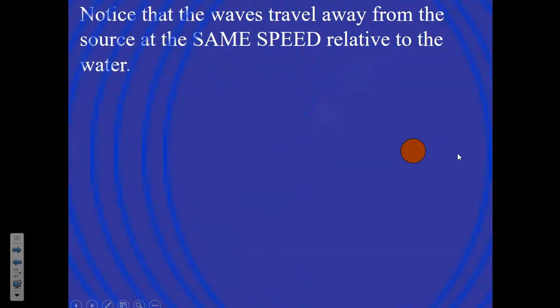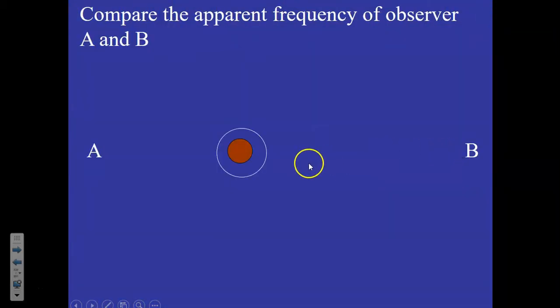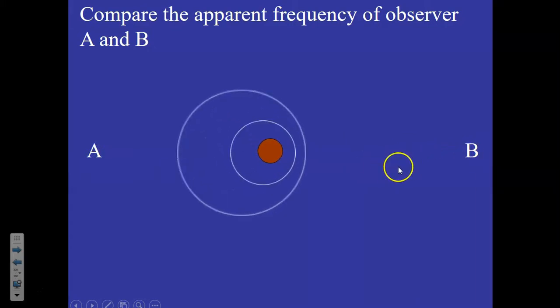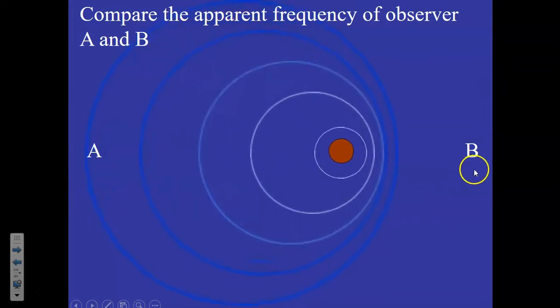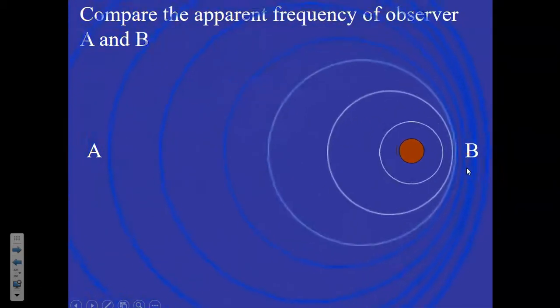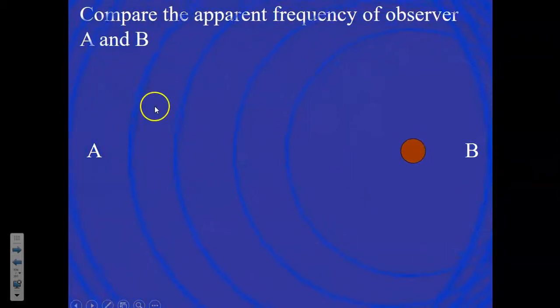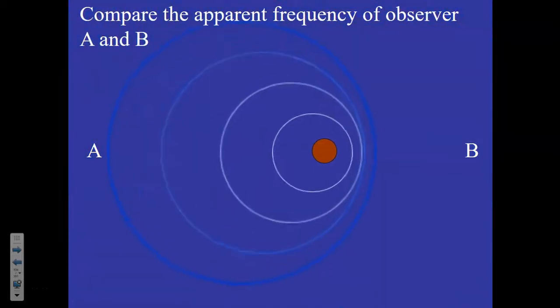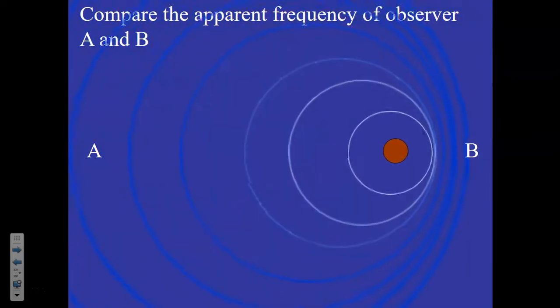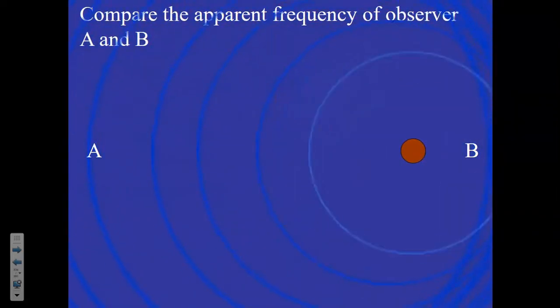If I were to look at the frequency of the waves observed by a person at location A and a person at location B, let's see how their frequencies would compare. For person B, the frequency is boom, boom, boom, boom, boom, boom, boom. For person A, the frequency is boom, boom, boom, boom.